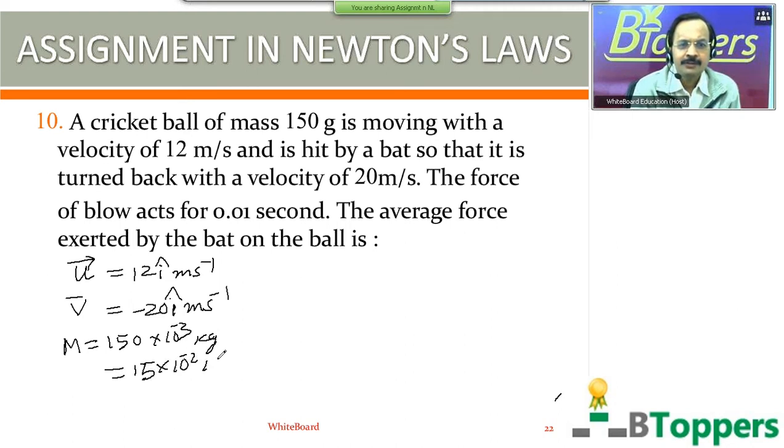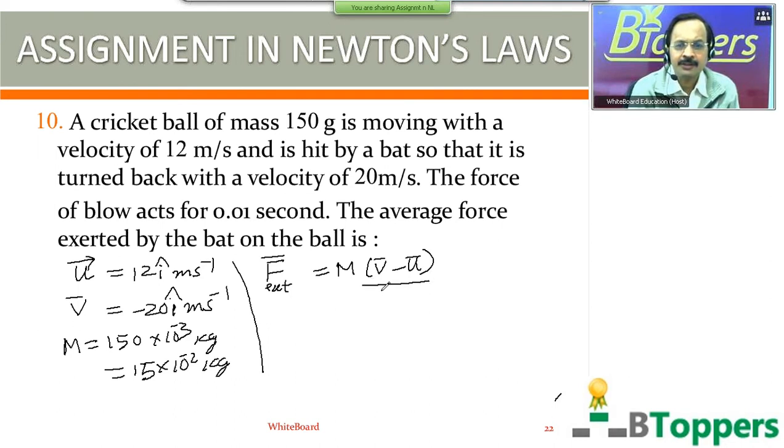So the average force, the external force acting on the ball, is equal to the product of mass and average acceleration of the ball. Average acceleration is v bar minus u bar by delta t.